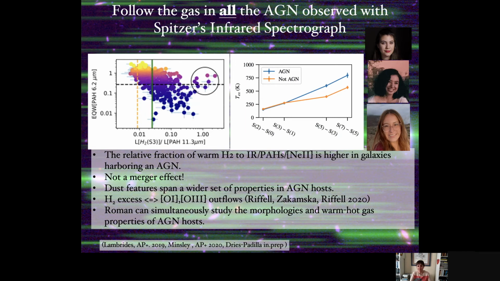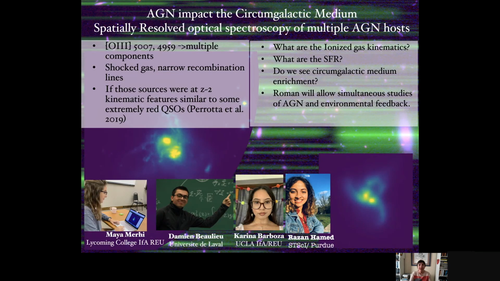Since it is an essential question of not only are we counting all the AGN, but why is it so important to count the AGN? What do the AGN do to the host galaxies? And so that's one question, what do they do to the host galaxy? But other questions are connected to the study of the circumgalactic medium.